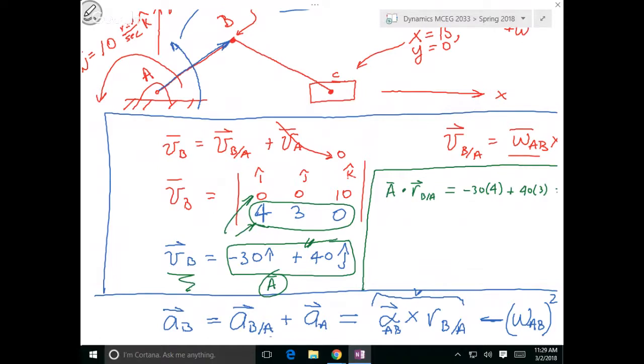Let's say I made a mistake and I ended up with a plus right there. So I look at it and I'm thinking, oh, I got the right answer, and I keep working the problem and everything blows apart on me later. Or do I want to stop right here? 4 times 30 plus 3 times 40, that's 240.